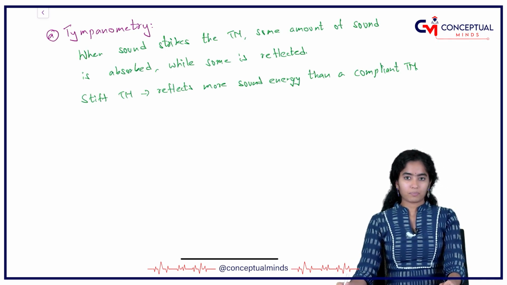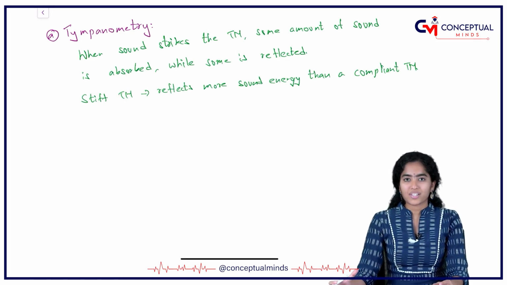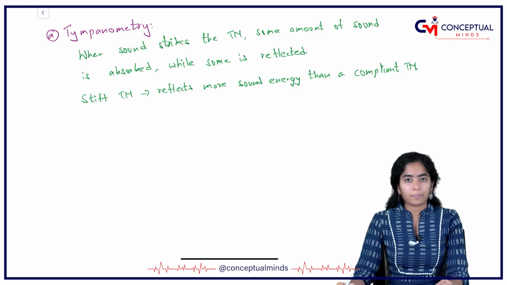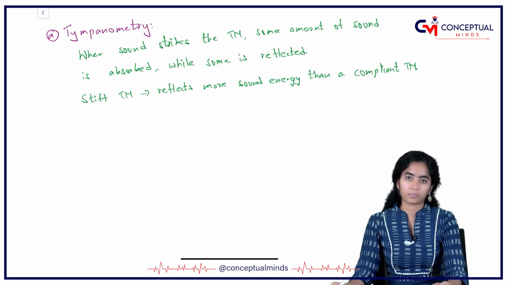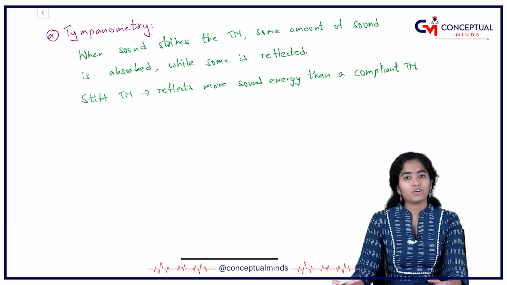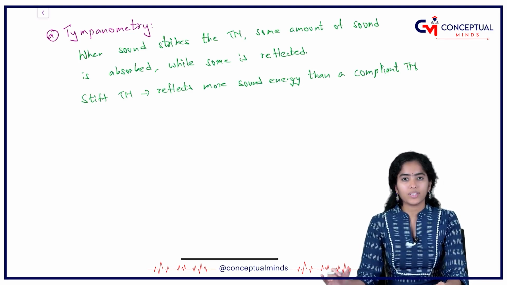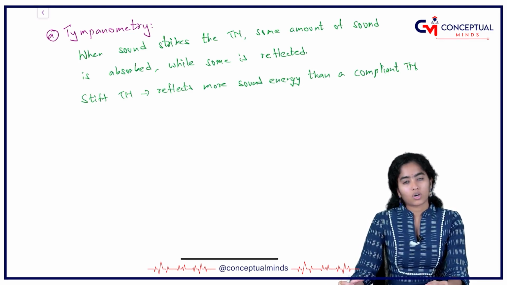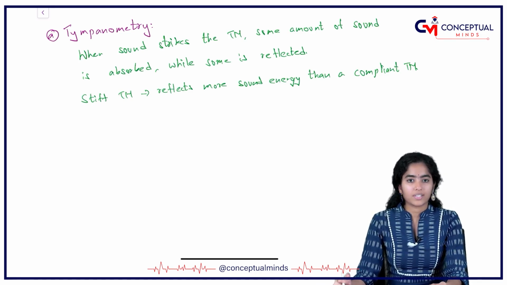So with this, we can identify the compliance or the stiffness of not only the tympanic membrane but also the entire tympano-ossicular system, because they are in continuation with each other. The malleus, the handle of malleus is embedded in the tympanic membrane. They are all continuous with each other. So we can assess the compliance or stiffness of the entire tympano-ossicular chain with this procedure.